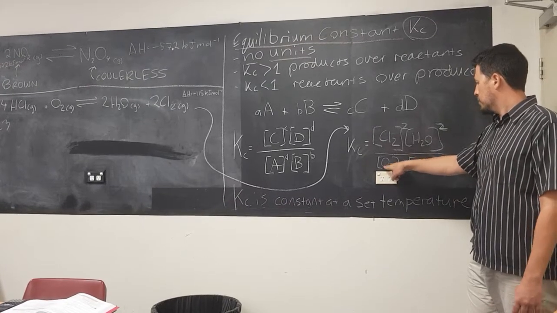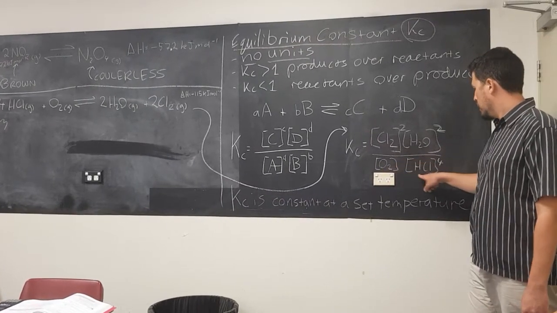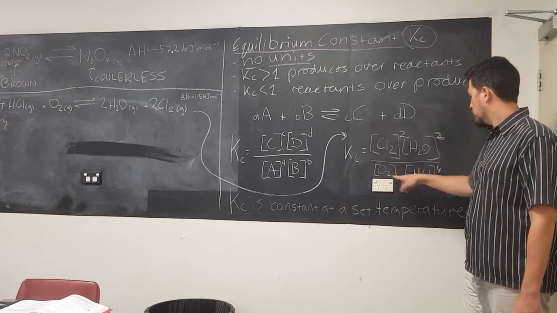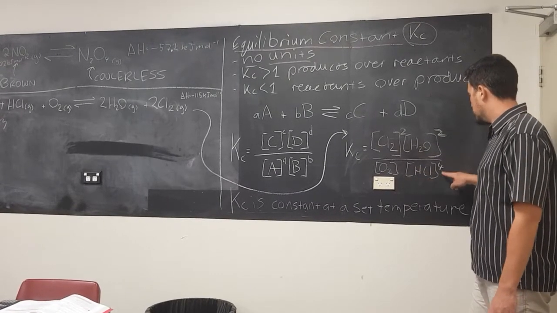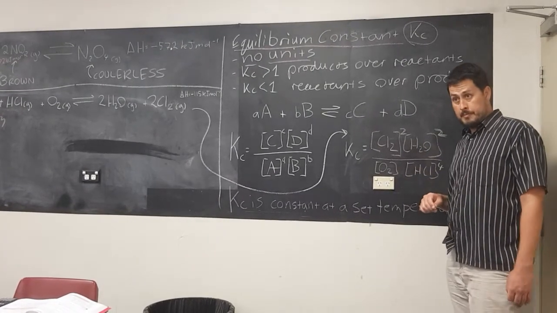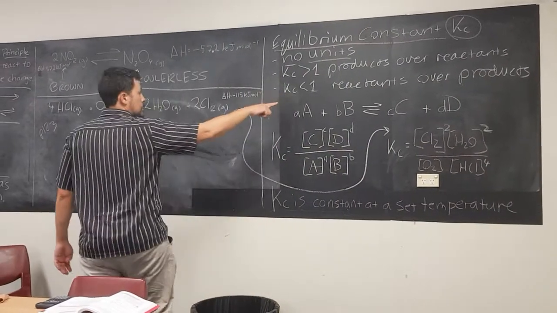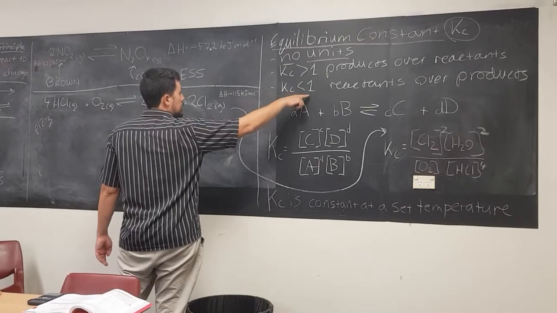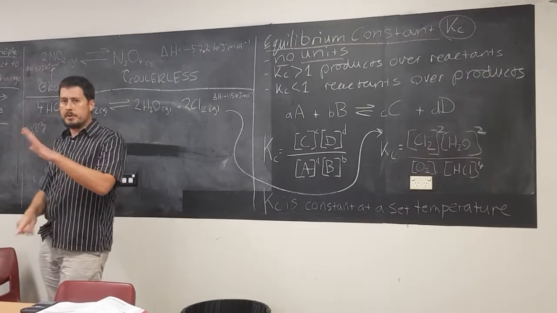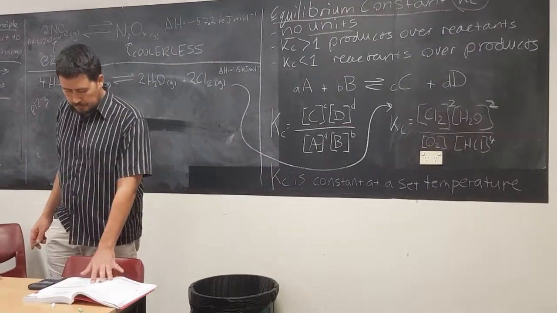And then down here, whatever the concentration for the oxygen is gets multiplied by the hydrochloric acid concentration to the power of 4. And that will then work out your Kc value, and then you determine, is it greater than 1 or less than 1? And that'll tell you where the equilibrium is lying.